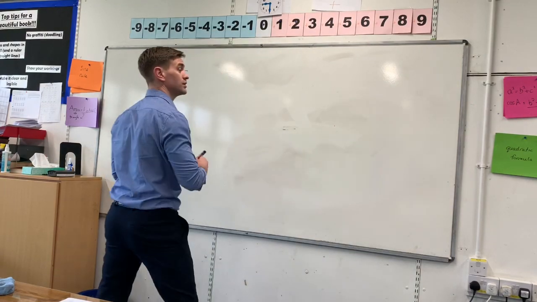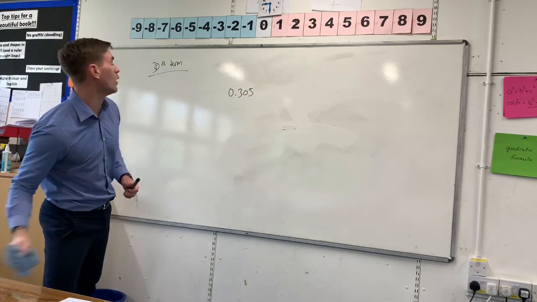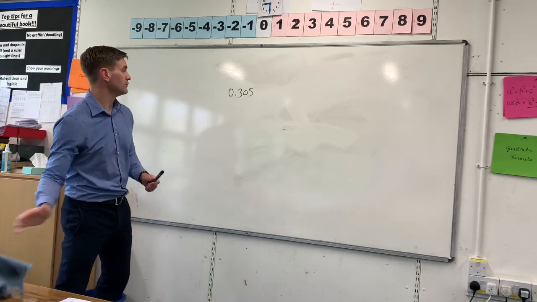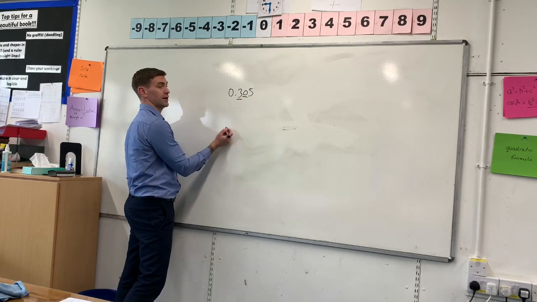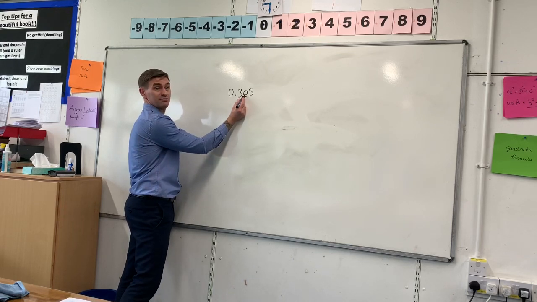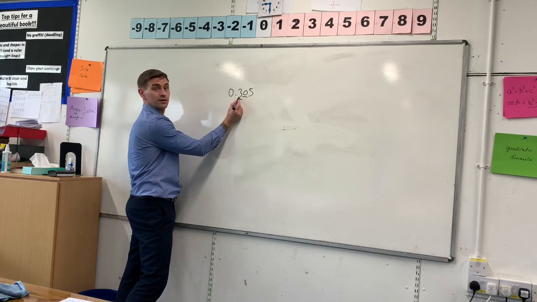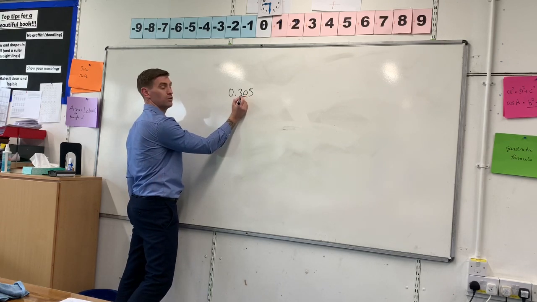Round 0.305 to 1 decimal place. So that's my first decimal place. It's followed by 0. If it's followed by a number which is less than 5, what happens to this one? It goes less. Doesn't go less, it stays the same, okay? If it's a 5 or above, here, that would go up.